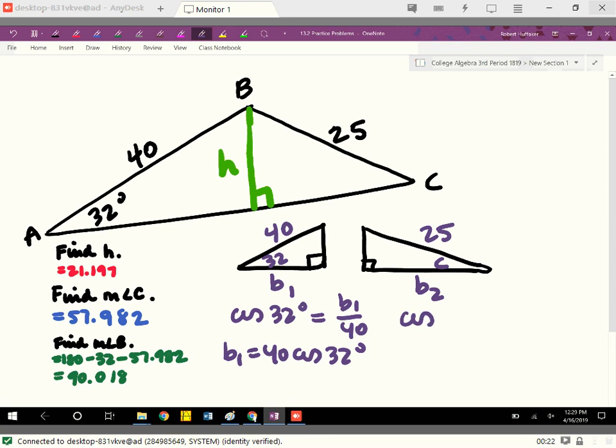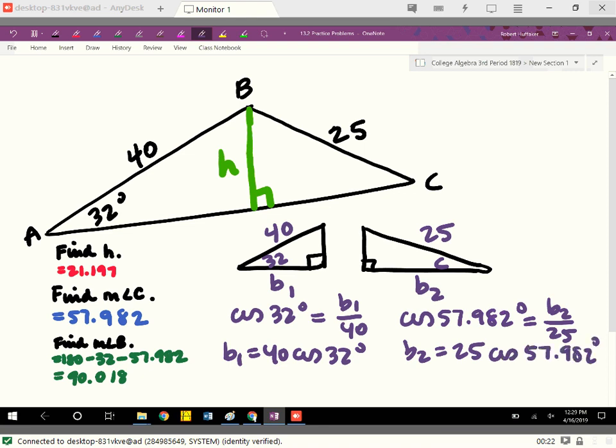Cosine of 57.982 degrees is equal to B2 divided by 25. So B2 is 25 cosine of 57.982.